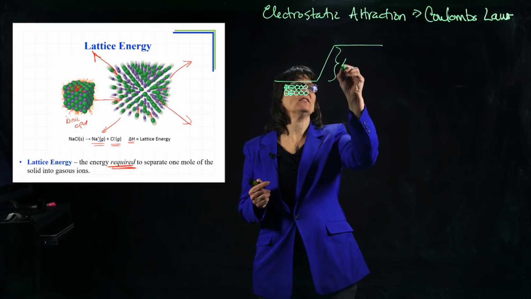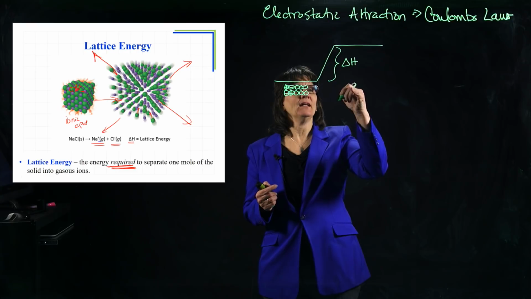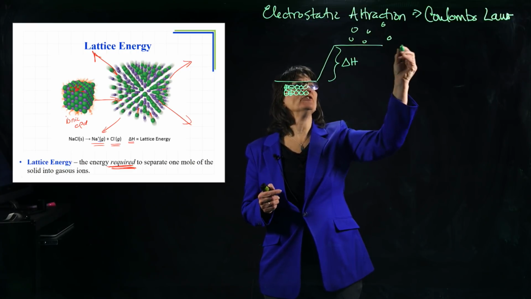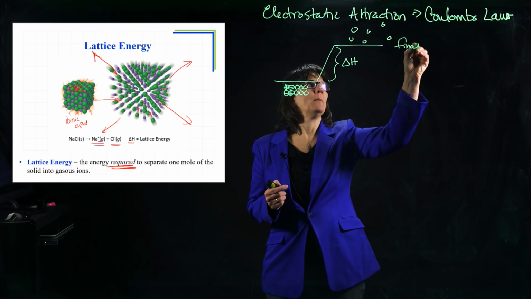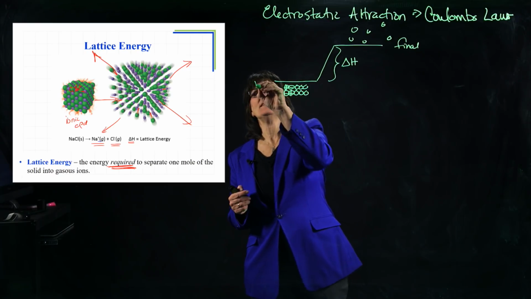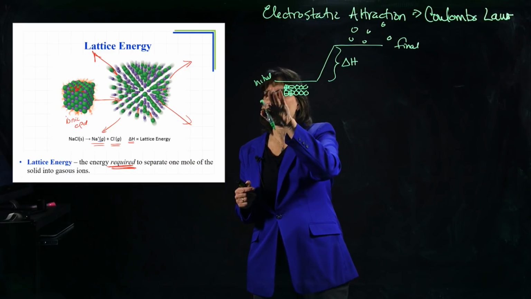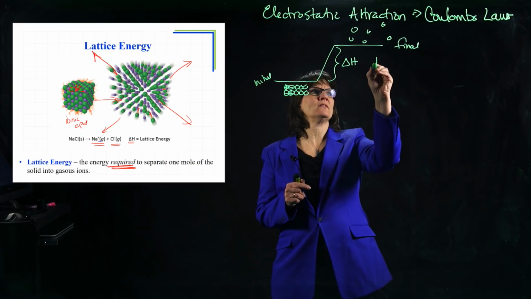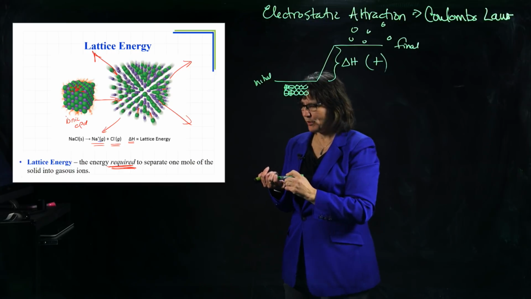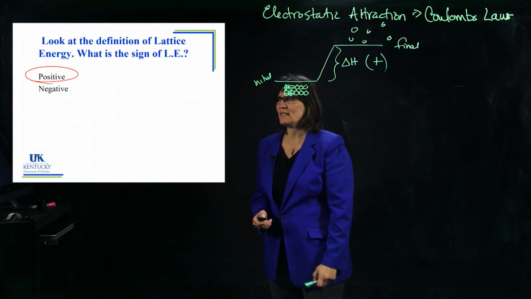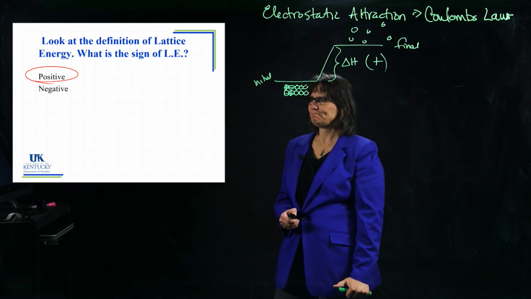This is the delta H. We're putting it in in order to have them in the gas phase. And delta is final, big energy, minus initial, little energy. Big number minus a small number is going to be positive. So whenever it requires energy, it is a positive change. And so that's the answer to that question.